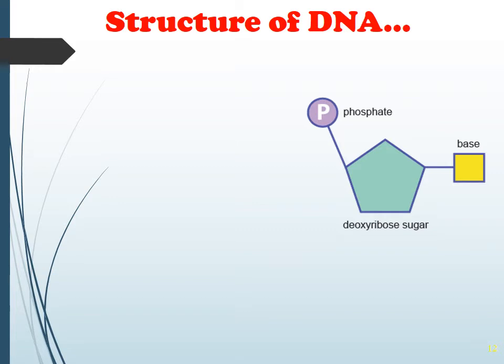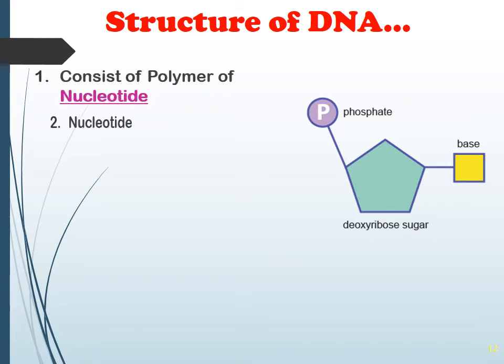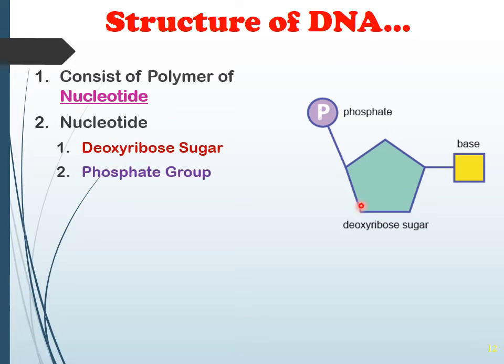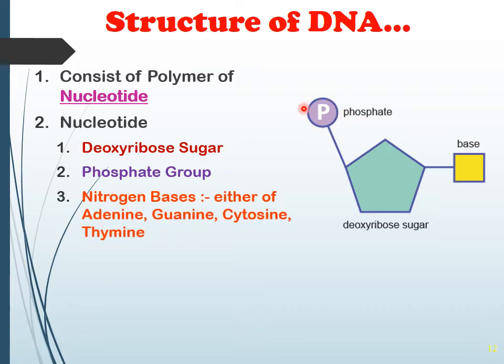This is what the nucleotide looks like. It is made up of deoxyribose sugar. In this diagram, this pentagonal shape is called deoxyribose sugar. Second, it is made up of a phosphate group. This is called the phosphate group, and it contains nitrogen bases.